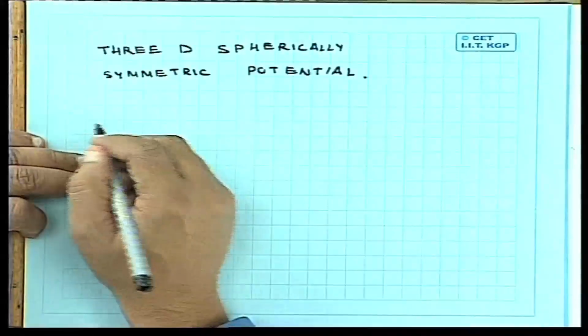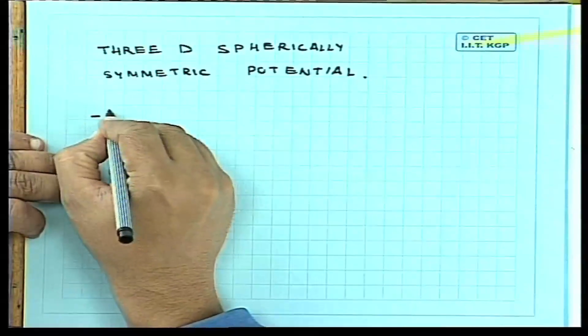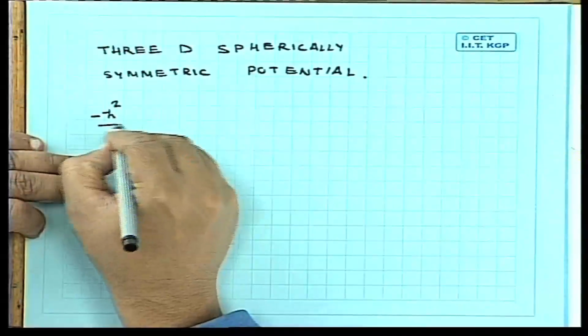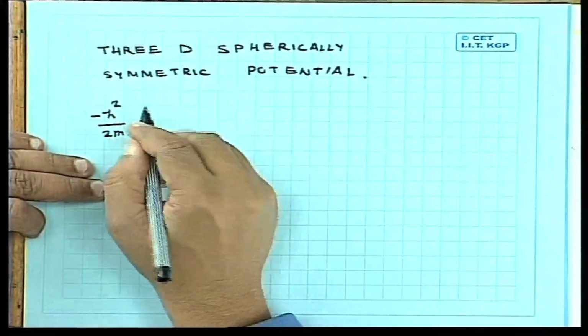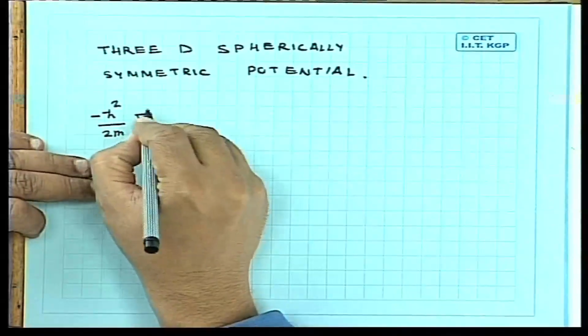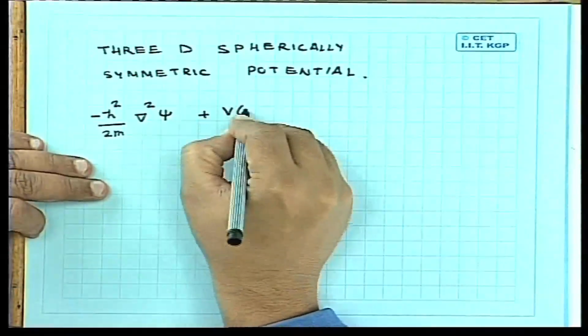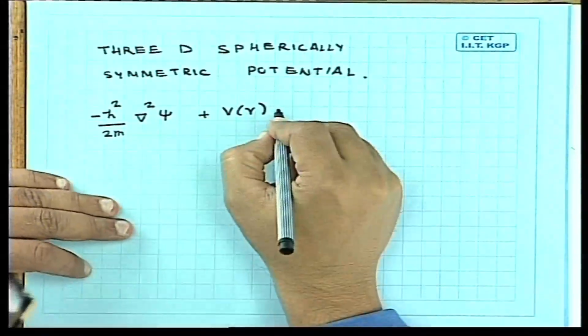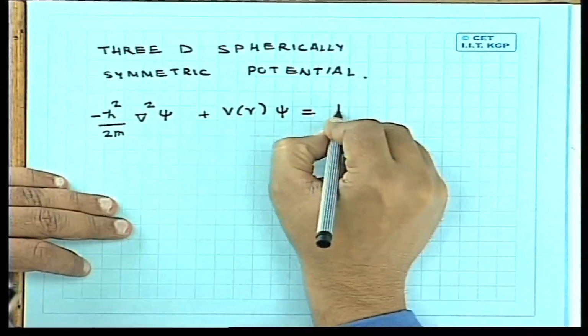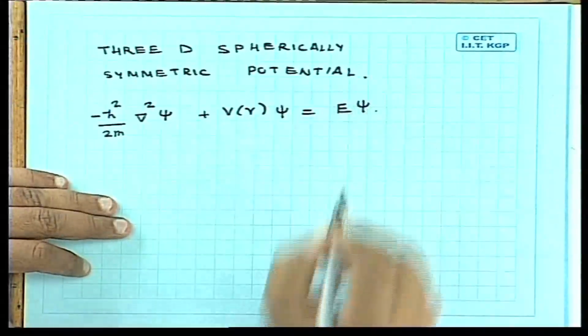So the Schrodinger equation is minus h cross square by 2m del square psi plus V, which is just a function of the distance, psi, is equal to E psi.